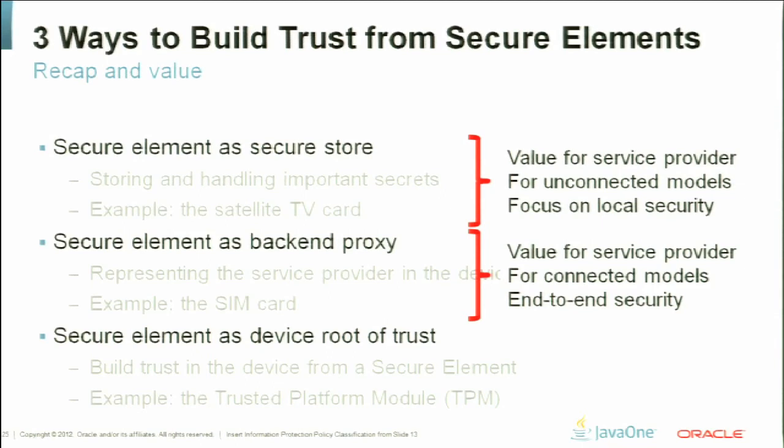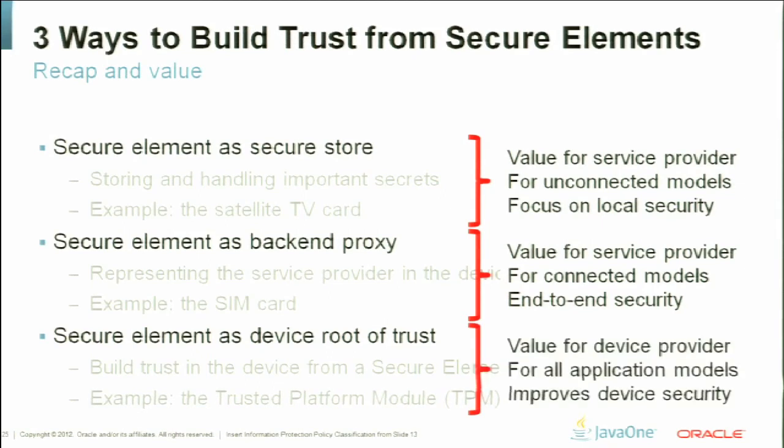And finally, the third thing is the device root of trust, in which the secure element brings, this time, the value mostly to the device providers, because it can improve the security of the device in any kind of application model, because it works on guaranteeing the integrity of the device.